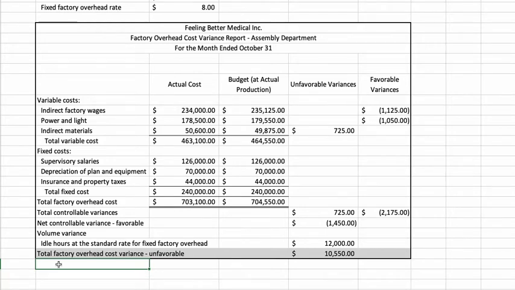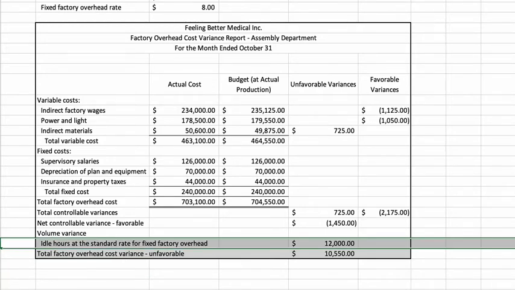However, we might also find out that the idle hours were due to poor maintenance with the equipment. Maybe we find out in our investigation that we have a preventive maintenance contract, but the contractor is not performing all of the maintenance that we've listed in our contract.